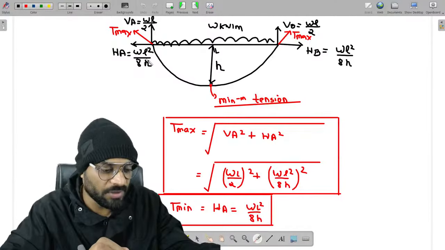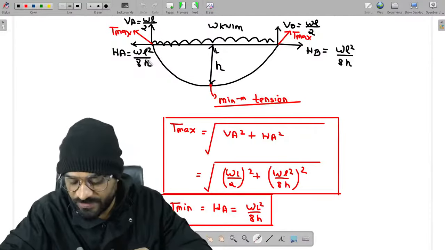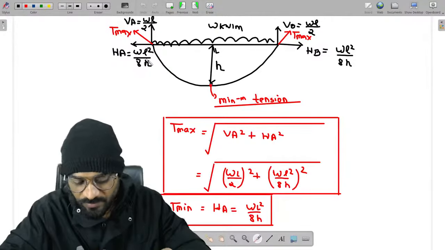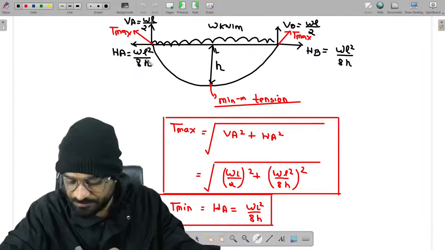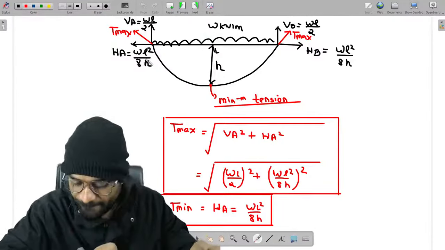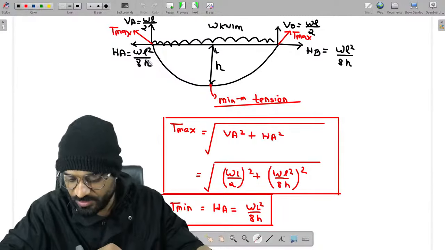Please write in the chat box, then I will solve this. How many students do not know? No one is writing. Only Prashant is saying, no sir.